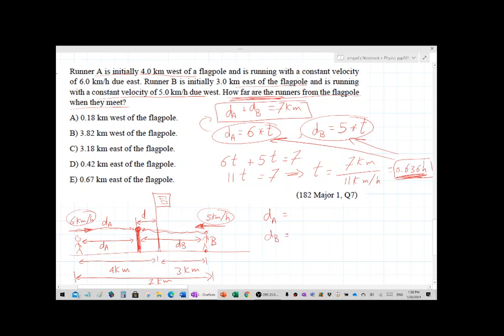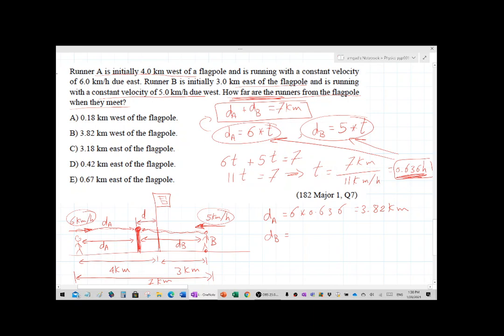Multiply the time times 6, so 6t times 6 gives me 3.818 kilometer. Almost we can approximate it to 3.82 kilometer, just rounding up.